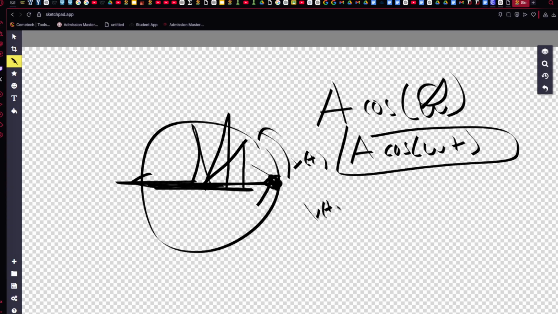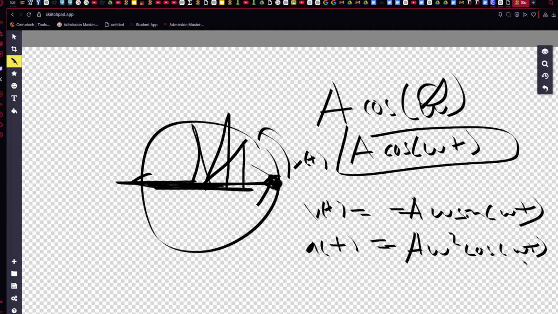So v of t would again be the derivative, which is equal to negative Aω sin ωt using chain rule, and a of t is equal to negative Aω² cos ωt for acceleration. You can do this algebraically, but I'd rather not.